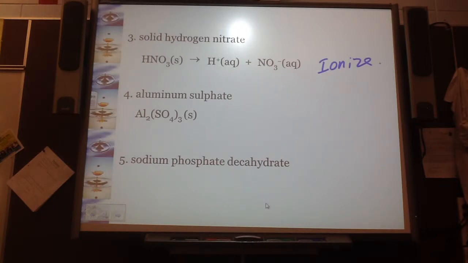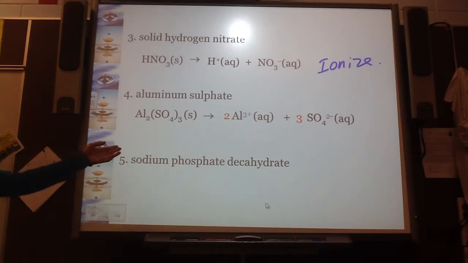Soluble, okay, great. So we have our aluminum ions and our sulfate ions, but you need to balance the ions. On the left side I have 2 aluminum, so I need to put a 2 in front of my aluminum ion. And in front of my sulfate ion, what should my coefficient be, Evan? 3, yeah. Because that 3 in this compound applies to the whole thing, everything in the bracket.